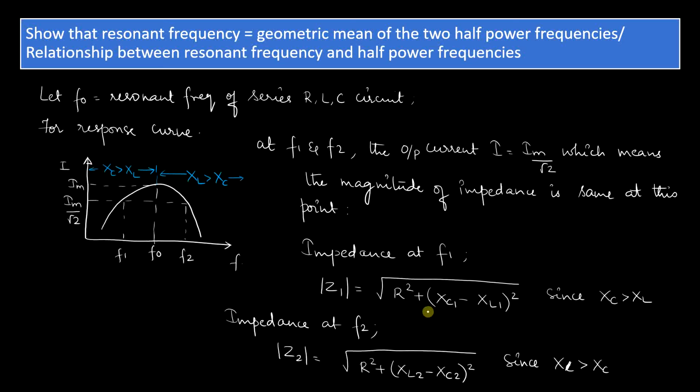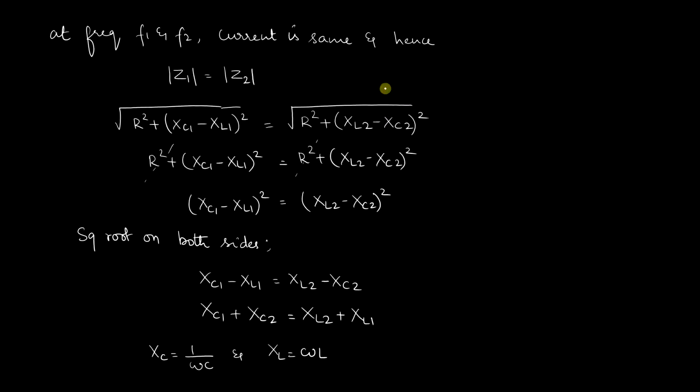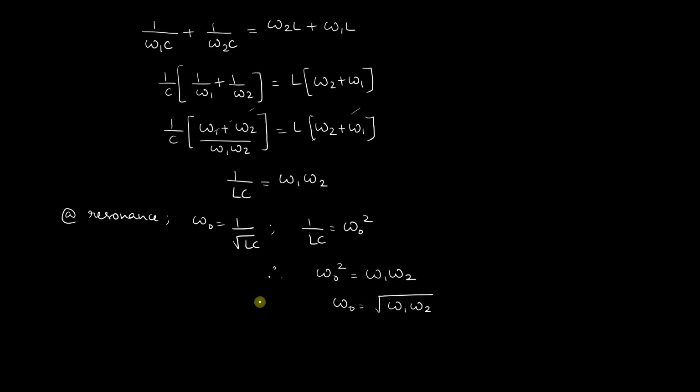But what we desired was in terms of f. So substitute omega equal to 2 pi f. In that case this becomes 2 pi f naught to be equal to the square root of 2 pi f1 into 2 pi f2.